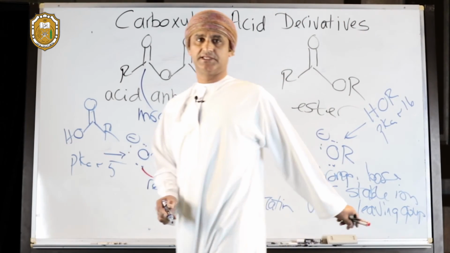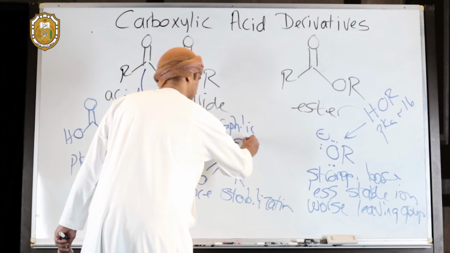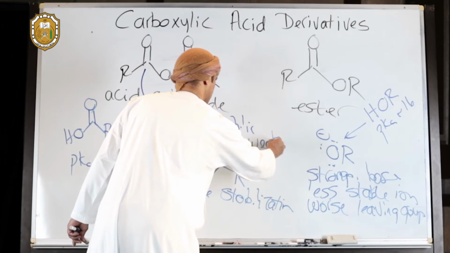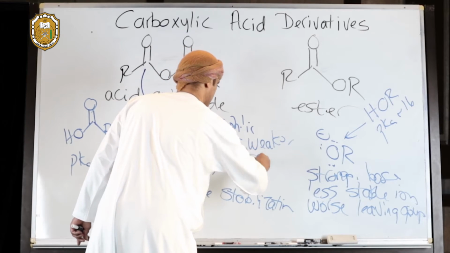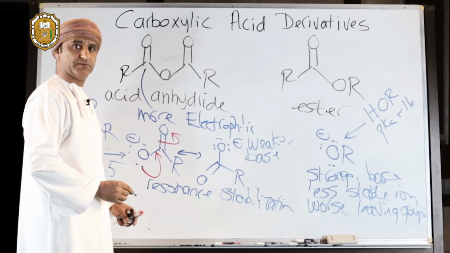Now, the carboxylate is a more stable ion. Carboxylate ion is a weaker base. It's a more stable ion because of resonance.